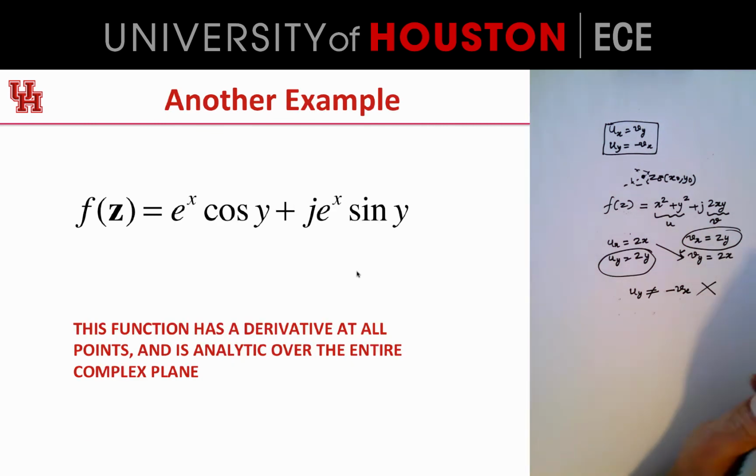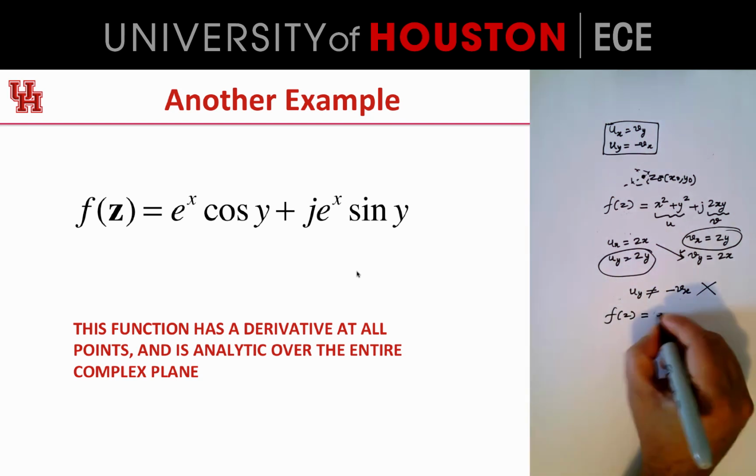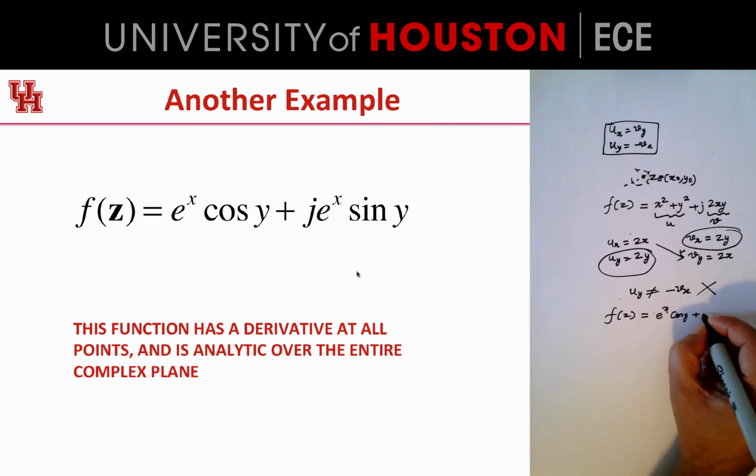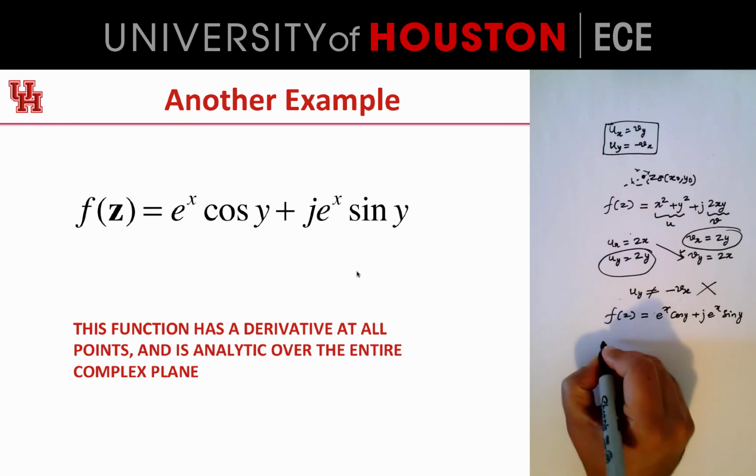Let's look at another example. f of z is e to the x cosine of y, plus j e to the x sine of y. You might remember this function from our earlier discussion where we had the function e to the z, right?